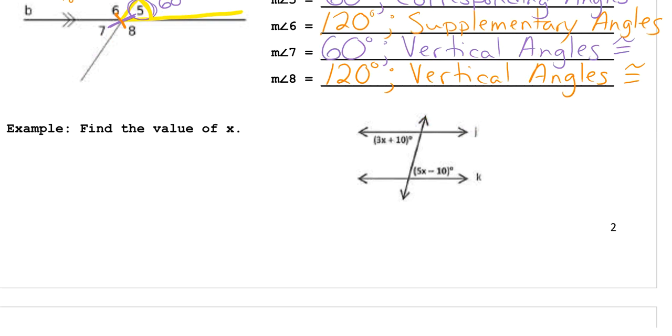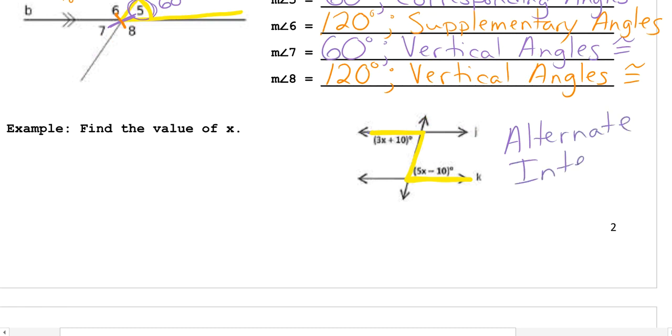So looking at the relationship, I can see that they are inside my parallel lines on opposite sides of the transversal, and I can see kind of a Z pattern, which means that these are going to be alternate, because they're on opposite sides of the transversal, interior, because they are inside the parallel lines, angles. And if we look back, we know that that means that they are congruent or equal.